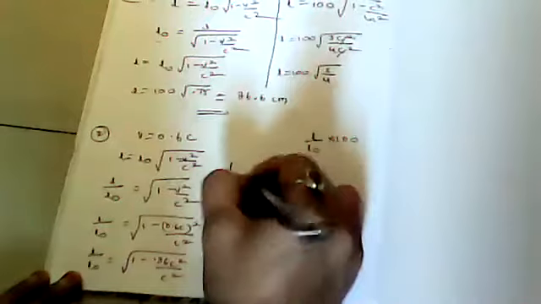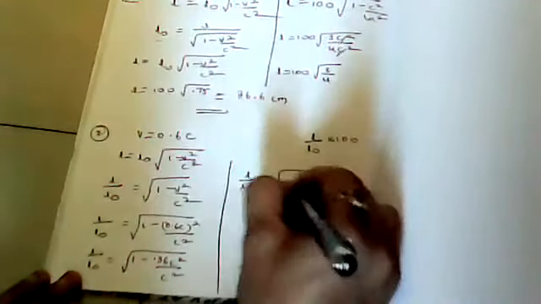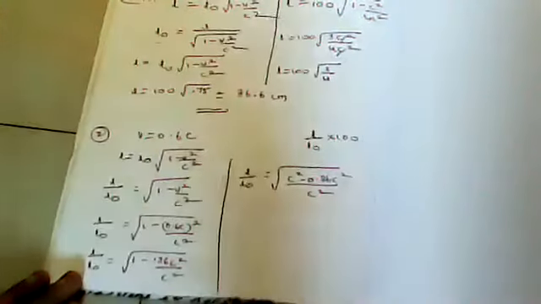So L by L naught is equal to root of 1 minus 0.36 C square by C square. Correct? Okay, so we'll get L by L naught which is equal to, taking LCM, C square minus 0.36 C square by C square.